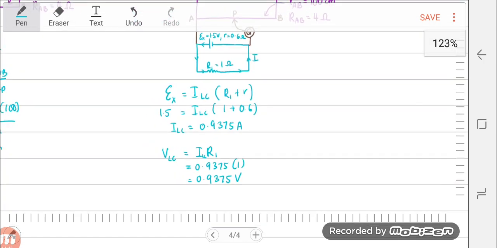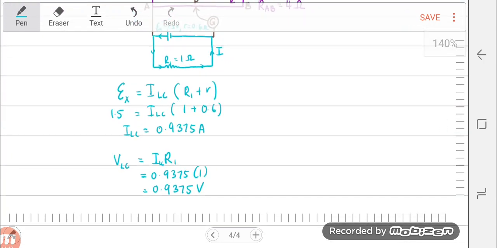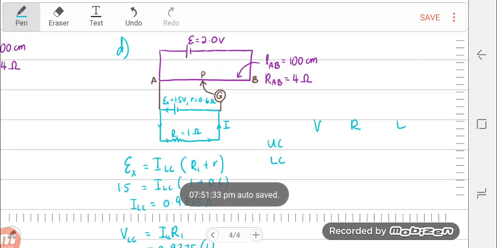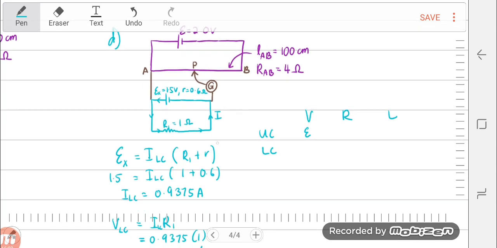Okay. Now that we have this one, let's compare it with the VRL table for the upper circuit and the lower circuit. Now we don't have any extra external resistors put in the upper circuit, so we can just take the EMF. And then for the lower circuit, this time it is the V of the lower circuit.